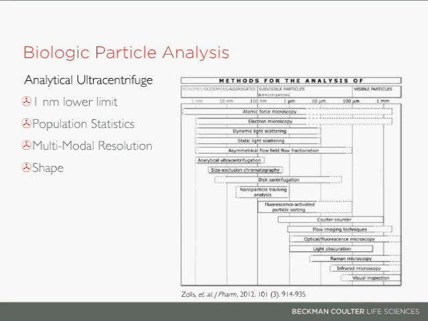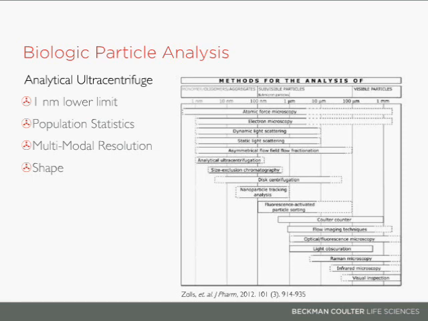This is also something that analytical ultracentrifuge has as well. It has sub-nanometer resolution. So if you have a species that's, say, 5 nanometers and a species that's 6 nanometers, you are able to easily differentiate them with analytical ultracentrifuge, or AUC. And finally, you can also derive the shape factor from AUC, which is just kind of an added benefit.